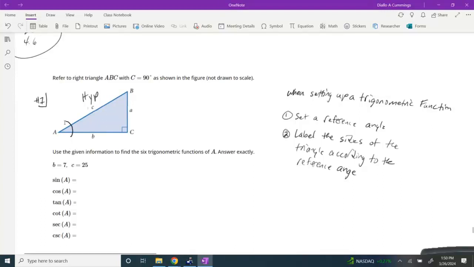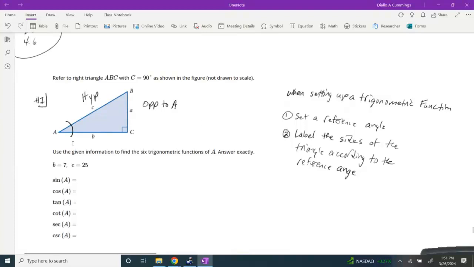So now I have my reference angle A. The side that's opposite angle A, that's going to be our opposite side length. So if I look at angle A, which is here, the side opposite angle A is side length A. So A is going to be the opposite. That's my opposite side.